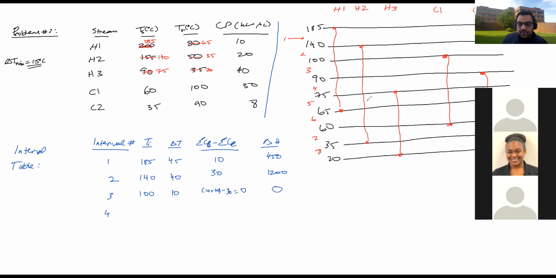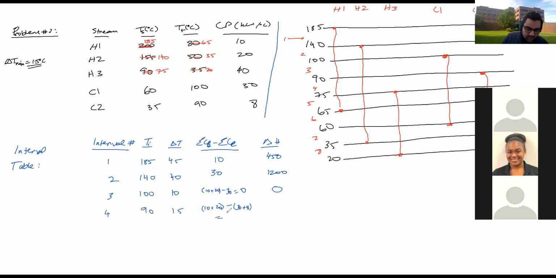Interval 4. My initial temperature is 90. My delta T is 15. Summation of Cp hot minus Cp cold. I have H1 plus H2 for the hot streams, which is 10 plus 20, minus Cp cold, which is C1 plus C2. 30 plus 8, minus into the bracket 30 plus 8.